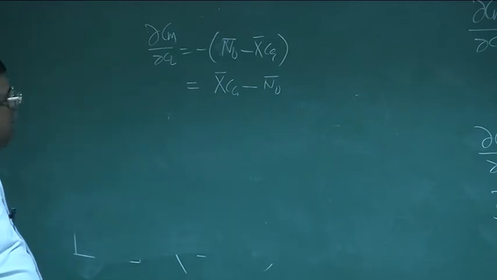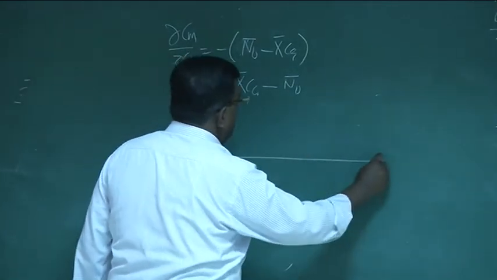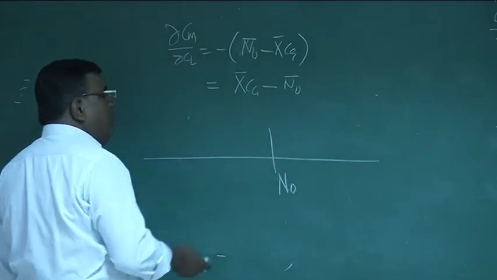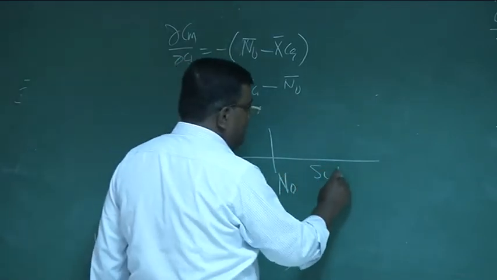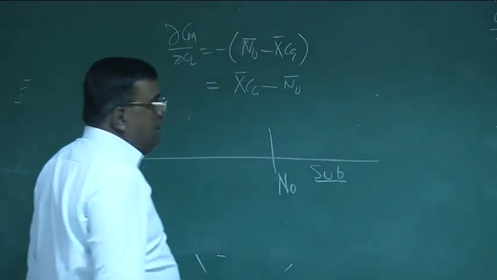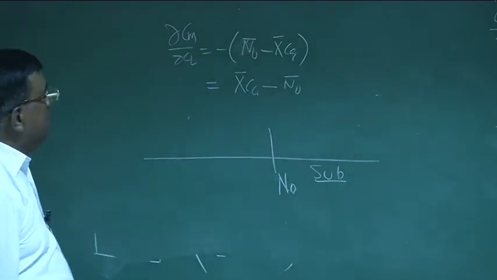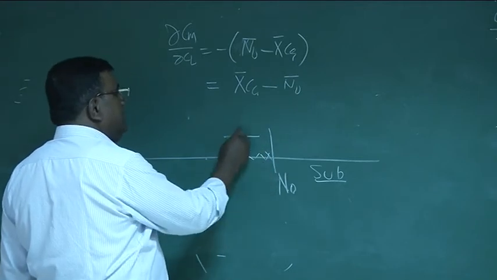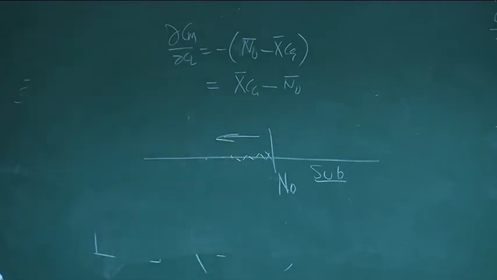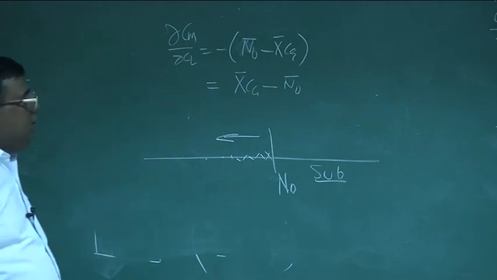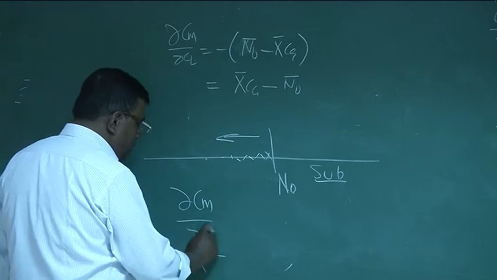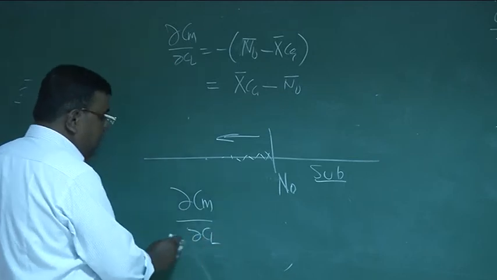For the subsonic case, what it's simply telling is that if this is the N0, okay, the aircraft will be stable. For subsonic I'm writing, right? From there, what I am getting is dCm/dCl should be less than 0. That means xCg could be anywhere, as long as it is on this side. Correct? But for the supersonic case, what is dCm/dCl when it takes care of dynamic stability also?